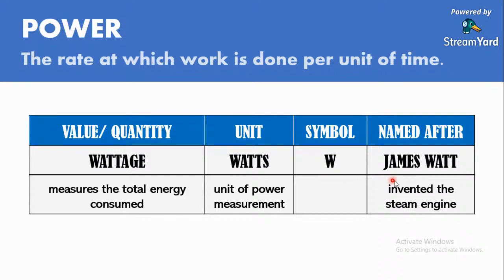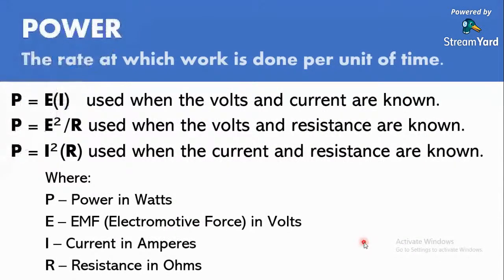And of course, pinangalan siya kay James Watt. Si James Watt naman is yung naka-imbento ng steam engine. Now, katulad sa Ohm's Law, meron din tayong formula na sinusundan sa power law. So sa power law natin, you have here P equals E times I. Ano naman yung PEI na yan?